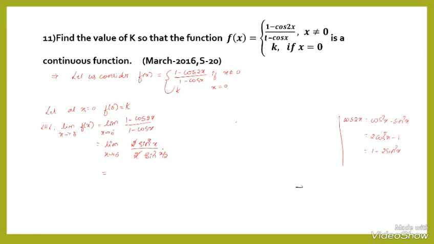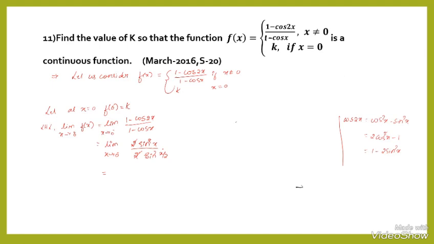That is x square by, I will take these of the form x square multiplied by 1, divided by 2 square will be 4, and here also 2 square.